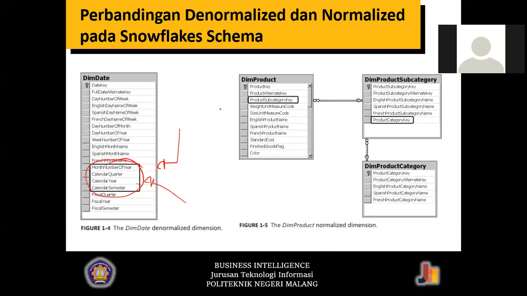But when you break it down into a snowflake schema, then this kind of data will be broken down into another dimension table. For example, the product will be broken down into product subcategory, and then into the product category and so on.